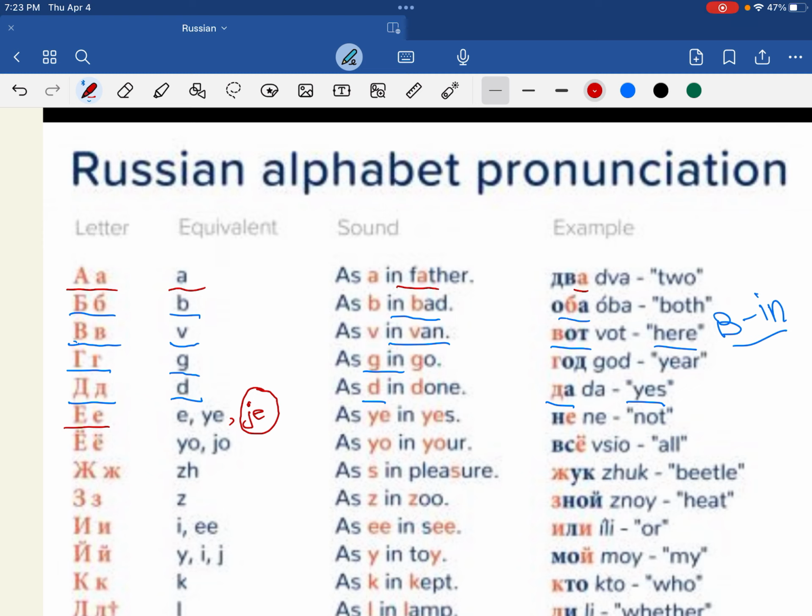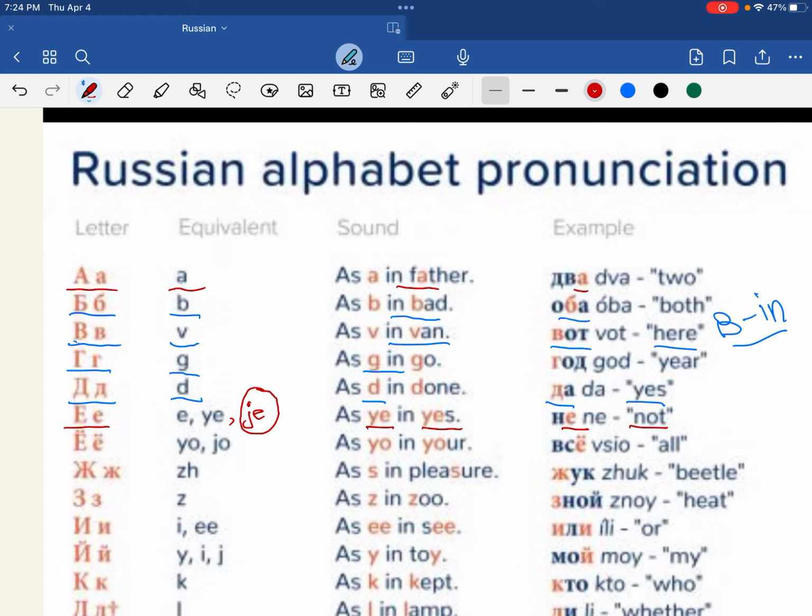In English, it's pronounced like ye in yes. In Russian, it would be pronounced like ye in nye, what means not. For example, not beautiful, not tall, not huge, and so on. So we deny an adjective, for example, or an adverb.